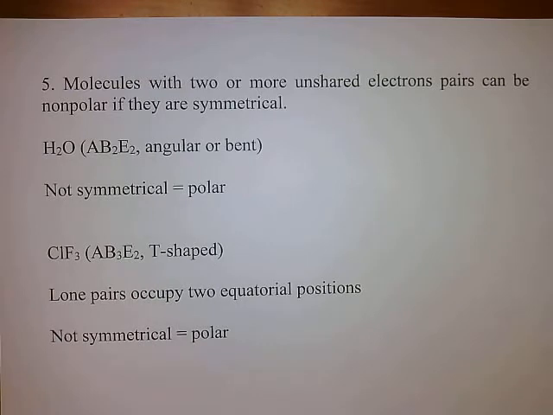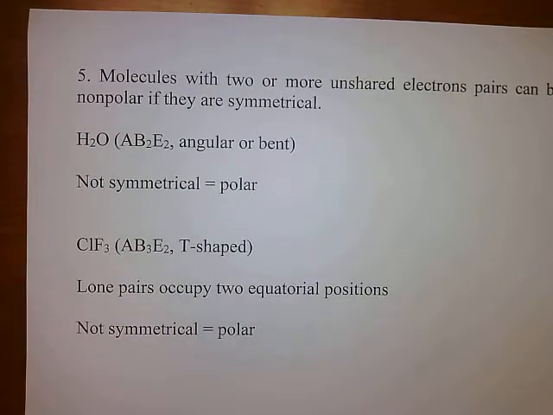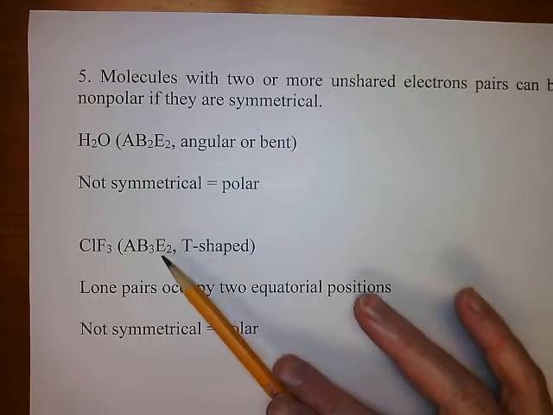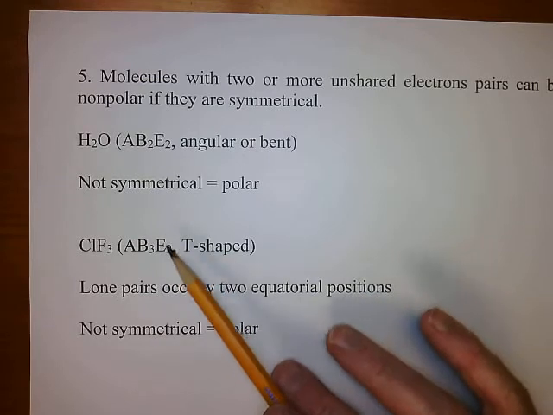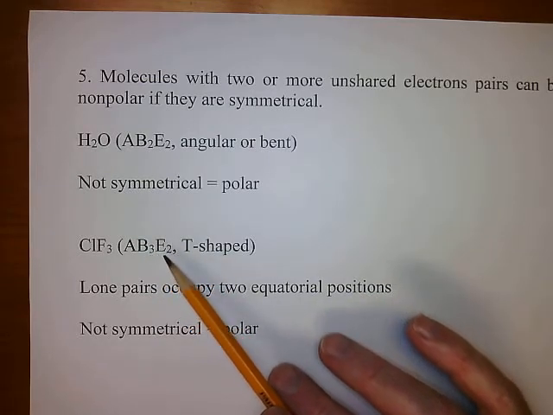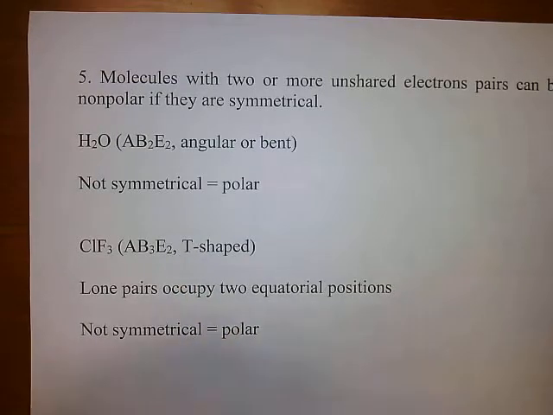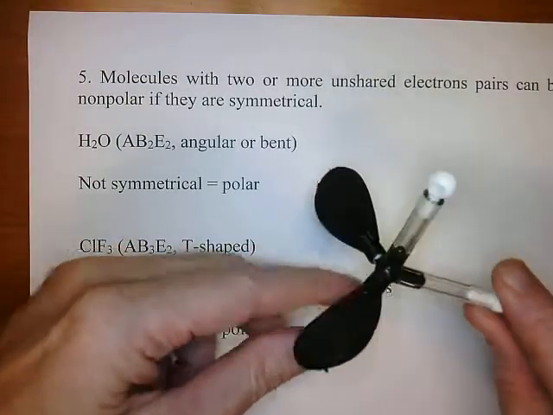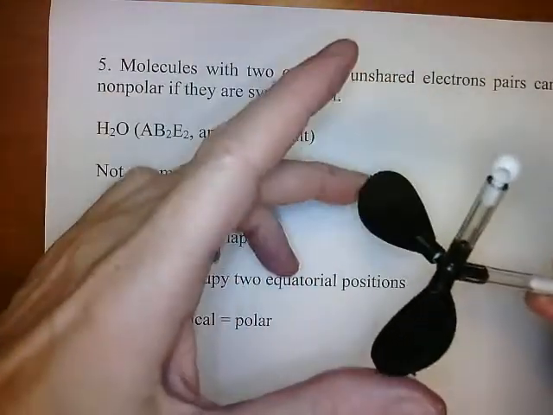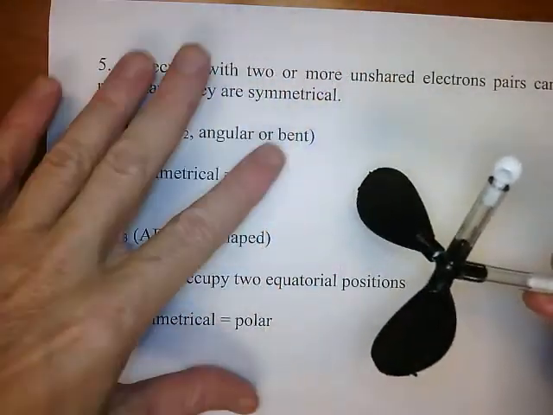Now if we look at ClF3, we classify that as an example of an AB3E2 molecule. You have three atoms and two lone pairs, and we describe this shape as being T-shaped. The lone pairs occupy two of our equatorial positions.